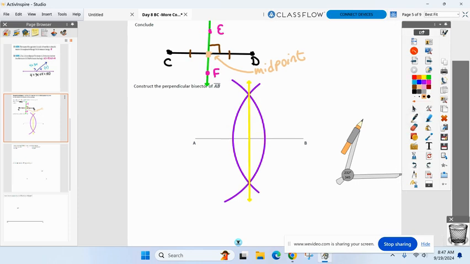Put some markings on there too to show me it's a perpendicular bisector, right? So we have a right angle there and hash marks. So you just cut that segment in half and made a right angle.